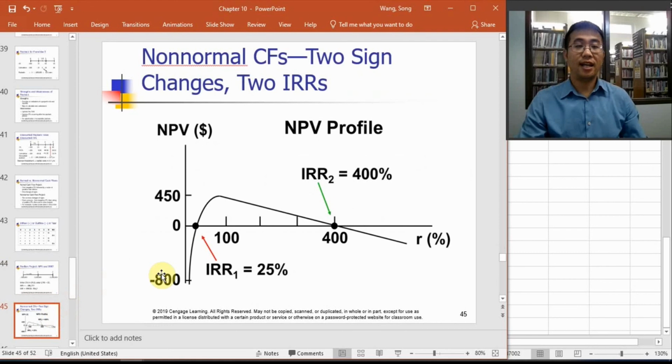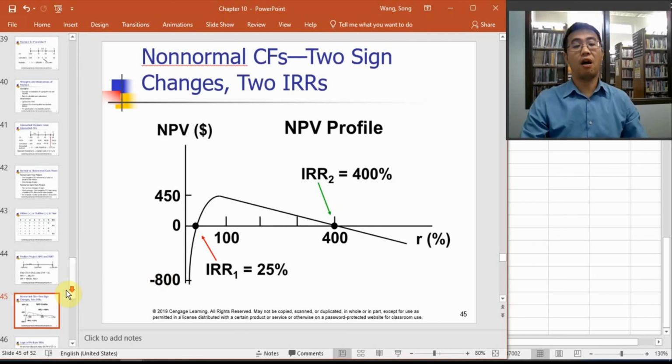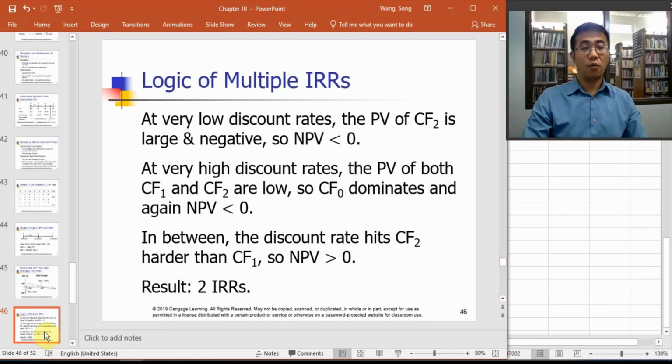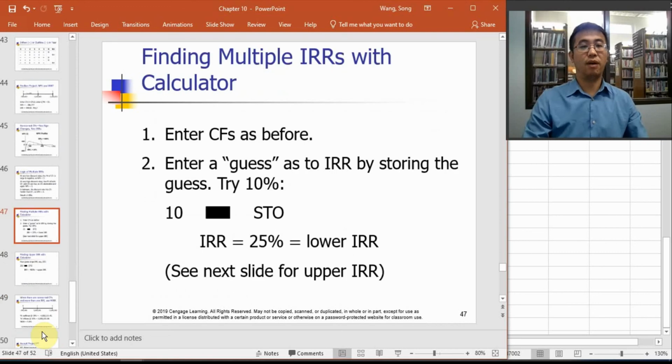So this is the case. You have two IRRs, and that's going to confuse you, and you are not going to make a good decision when you have two IRRs. That is also one of the shortcomings of IRR. And when you face that, you had better use NPV as the only criterion to judge.